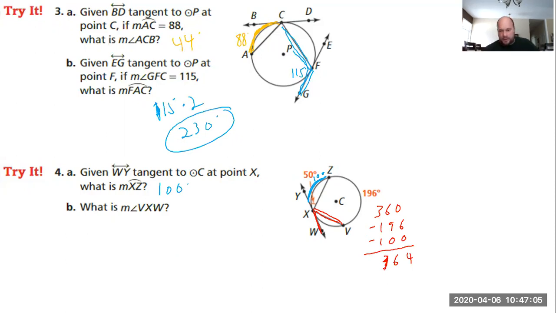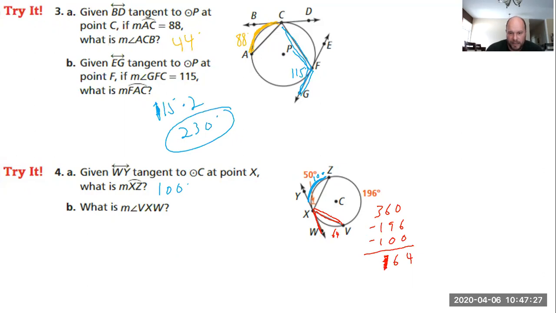Did I do that math right? Somebody check my work. Just 64, I think. That was almost 200. Yeah, should be 64. So that means that this little arc right here is 64.